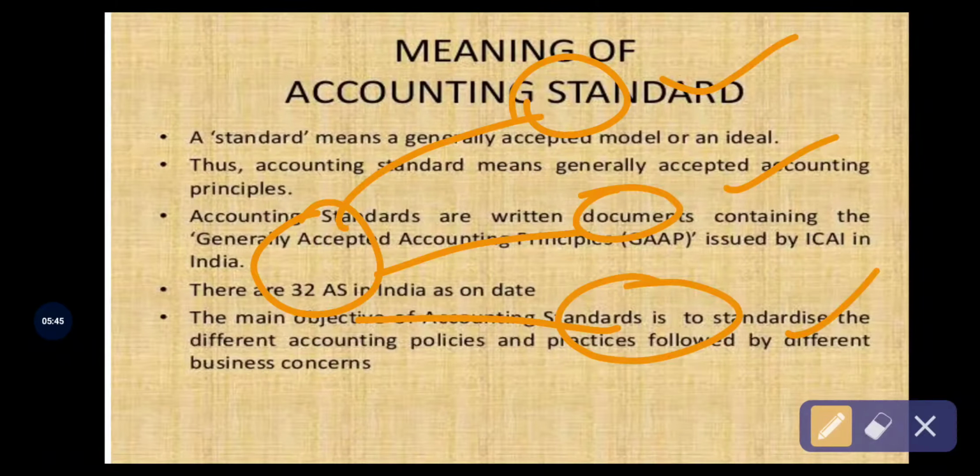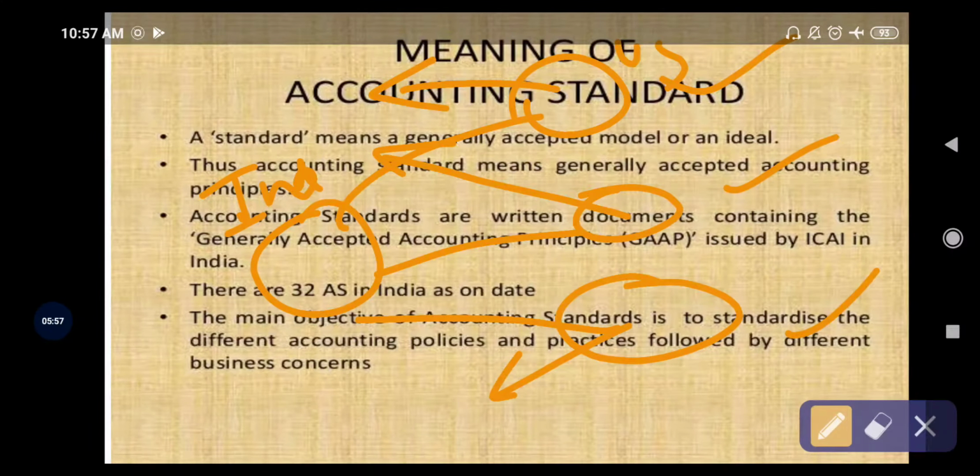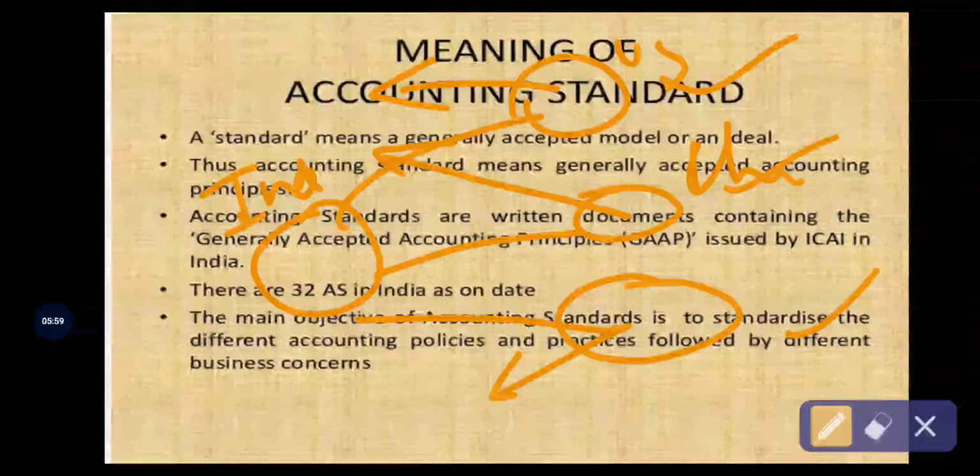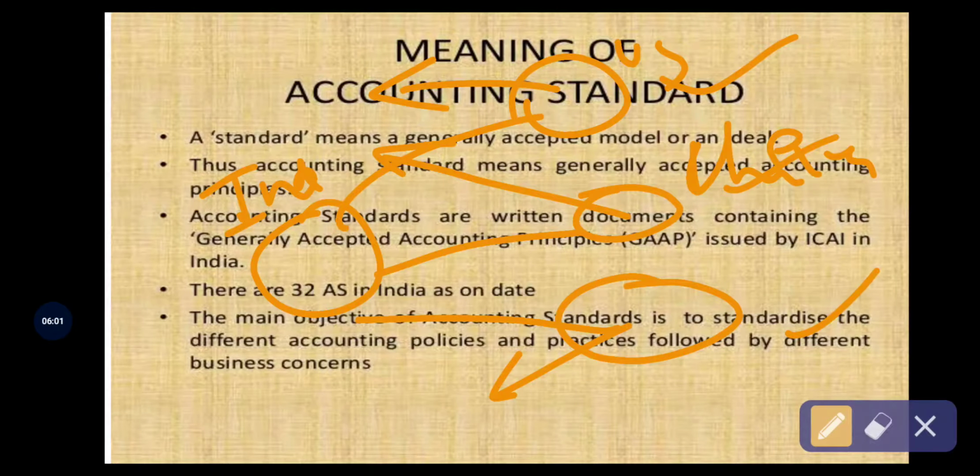If one country's rules and regulations are different from other countries, then take for example India, this is US, this is China, and this is UK. India is trading with these three countries, or these three countries are trading with India.